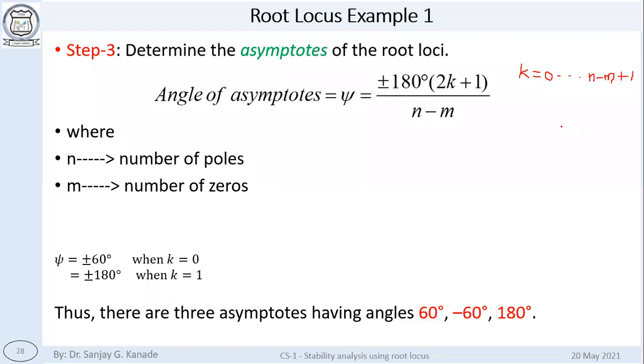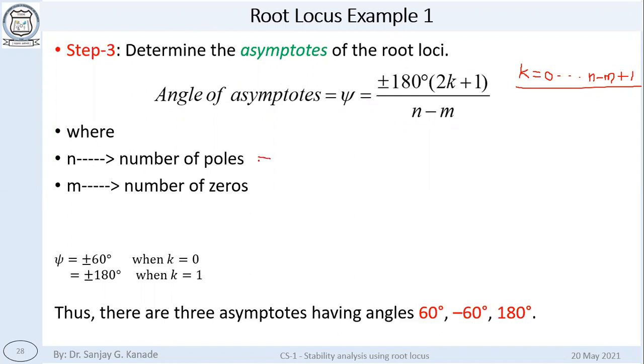It will not make your calculations wrong even if you continue taking values of k further, but you will get repetitions of the same angles after this. In this case, n is the number of poles.